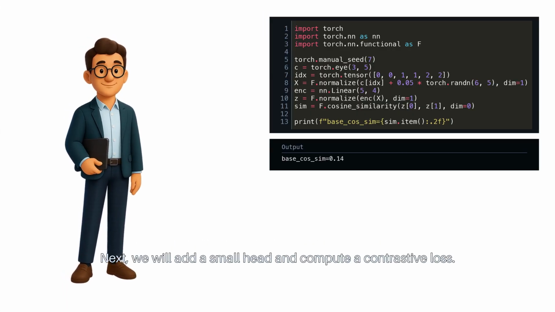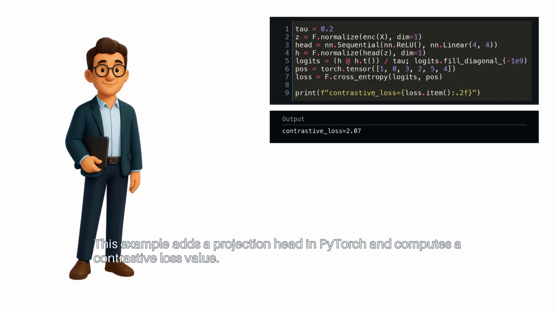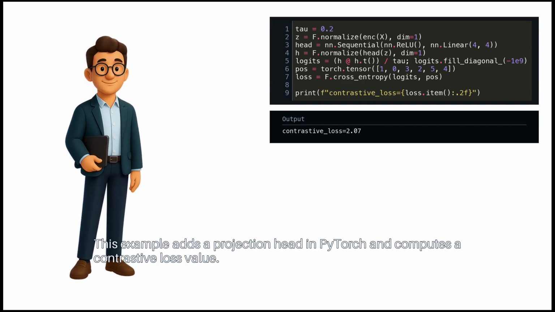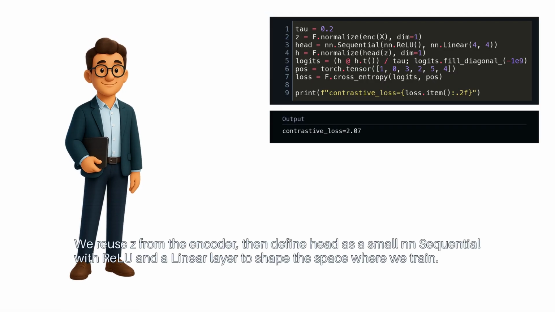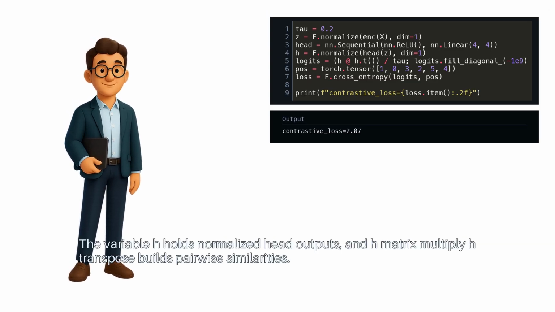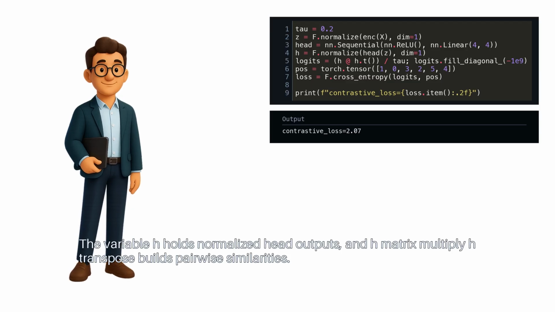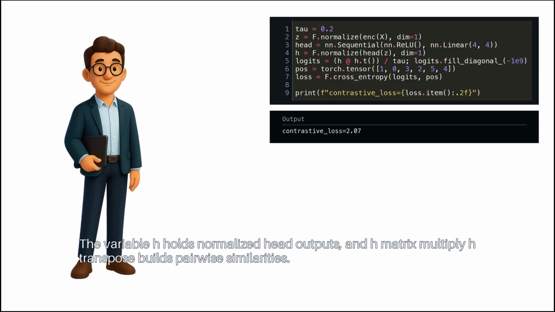Next, we will add a small head and compute a contrastive loss. This example adds a projection head in PyTorch and computes a contrastive loss value. We reuse Z from the encoder, then define head as a small nn.Sequential with ReLU and a linear layer to shape the space where we train. The variable H holds normalized head outputs, and H matrix multiply H transpose builds pairwise similarities.